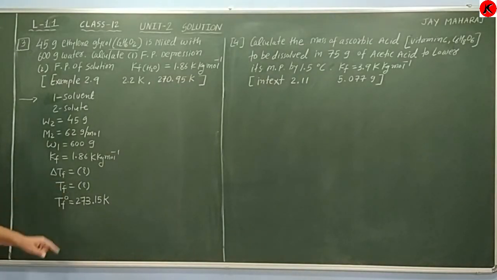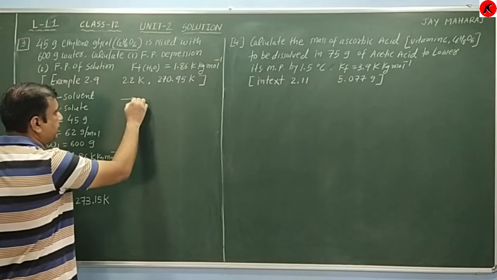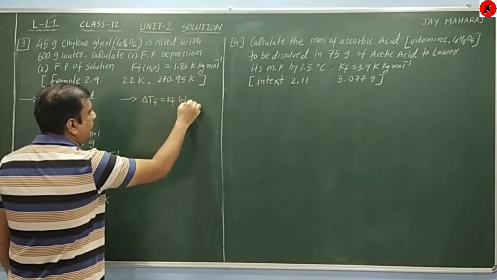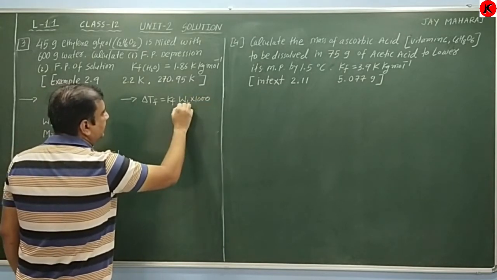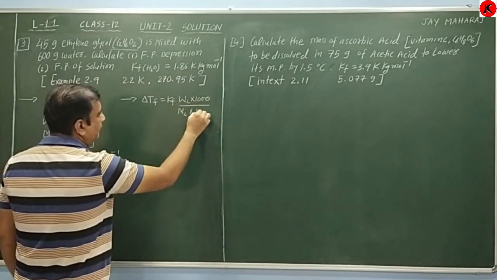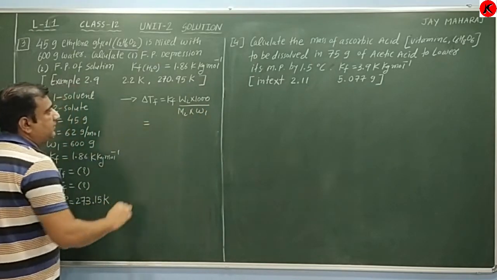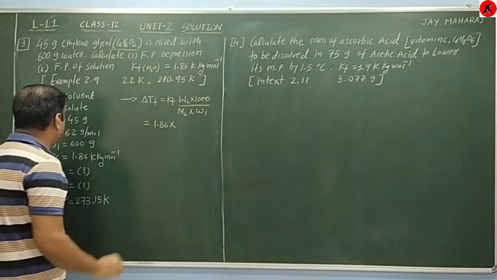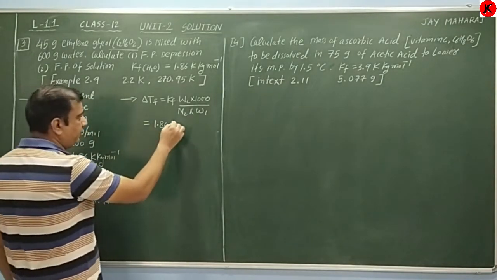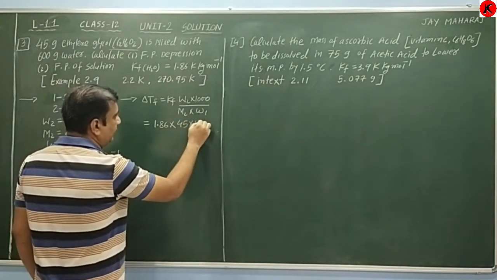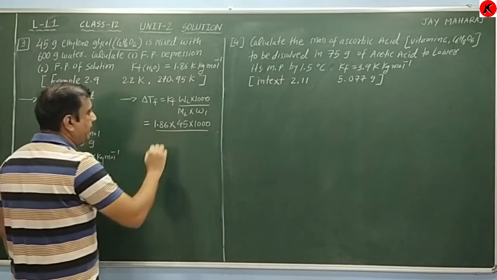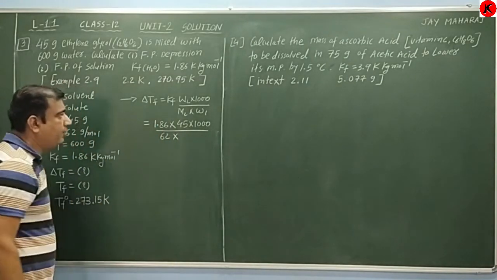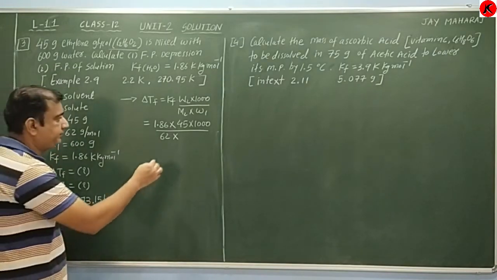Now first calculate delta Tf. Using this formula, delta Tf equal to Kf into W2 into 1000 divided by M2 into W1. That means value of Kf is 1.86. W2 is given 45 gram into 1000 divided by M2, that means molar mass is 62, and W1 in gram 600 gram.